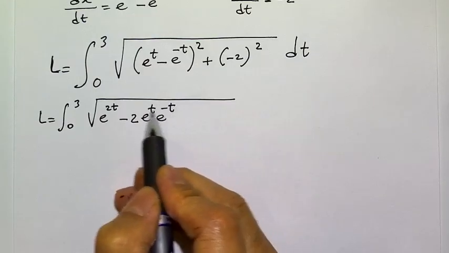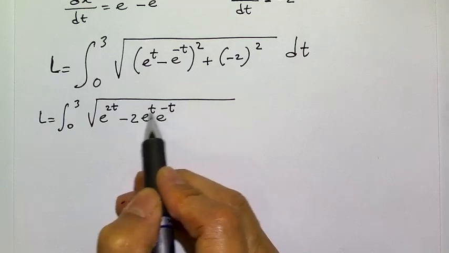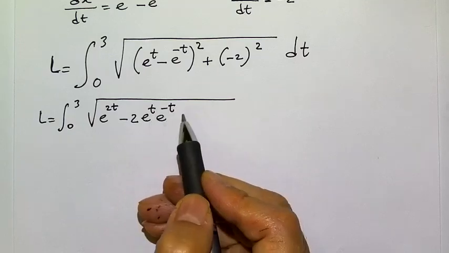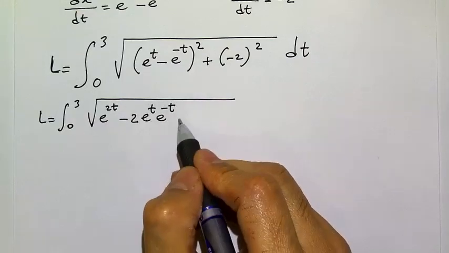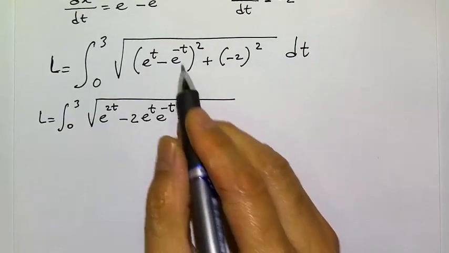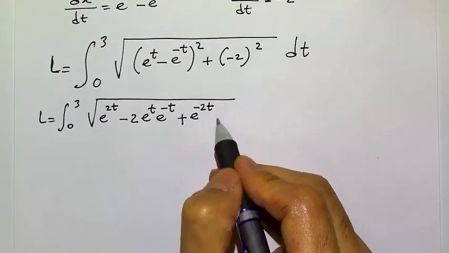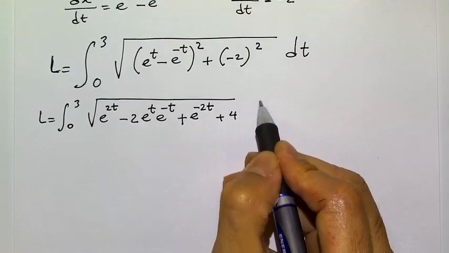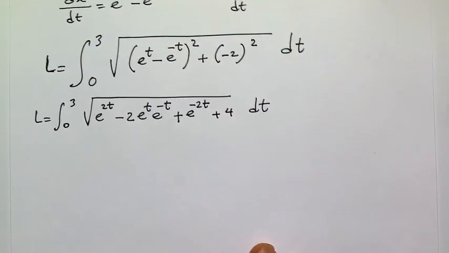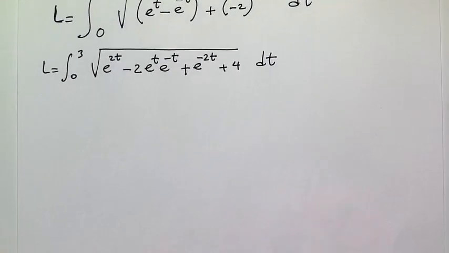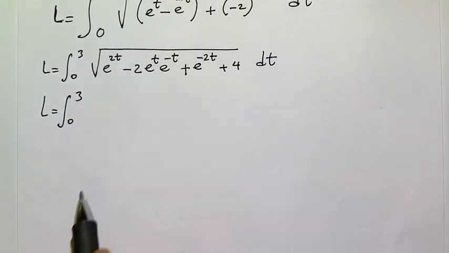Of course, these powers add up because the bases are alike. The powers add up to 0 and we get 1. But let's do that in the next step. Plus e to the minus 2t power, plus of course 4, and then dt. Okay, all right. So then we have integral from 0 to 3.